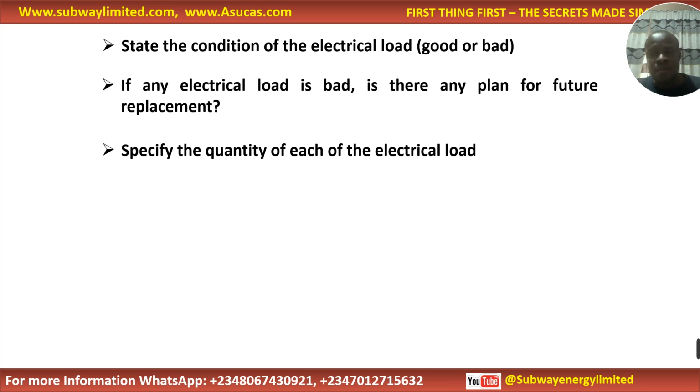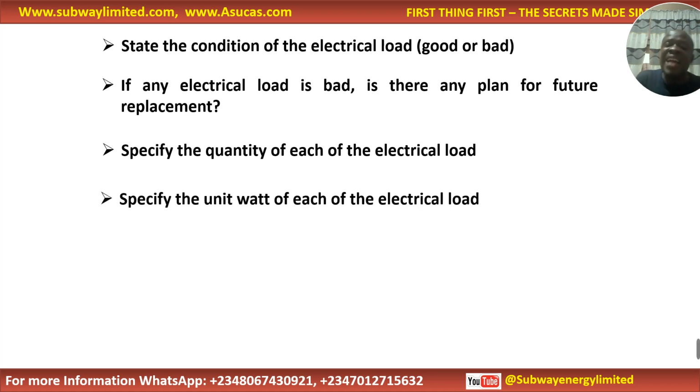Very important. Because if you have 5 electrical loads and you are documenting 2, the information is not genuine. It's not genuine and it will affect the system we will size. So specify the quantity of each of the electrical load. Specify the unit watts. That is, what is the power rating of each of the electrical load.